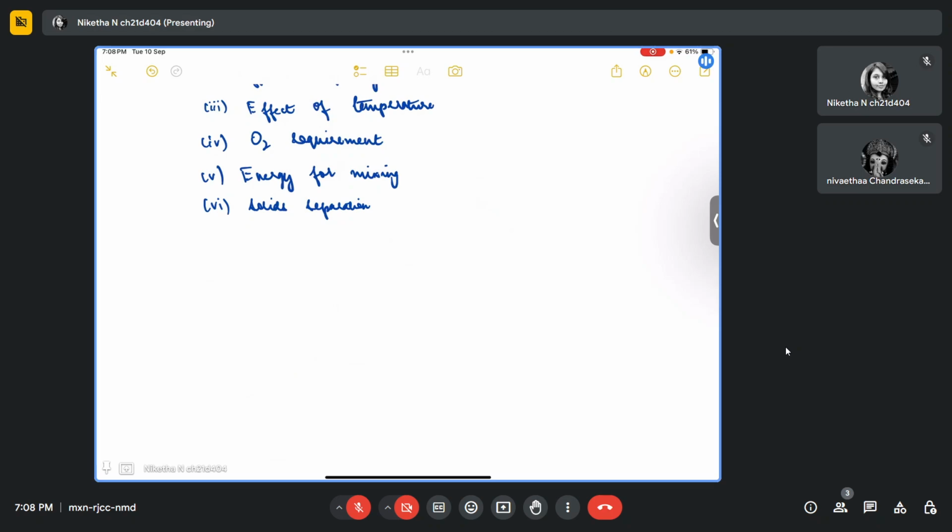So the equation for lagoons is given as S by S naught equals 1 by 1 plus K into volume by flow rate. So this is 1 by 1 plus K into theta. Here S by S naught is called the fraction of soluble BOD that is remaining.